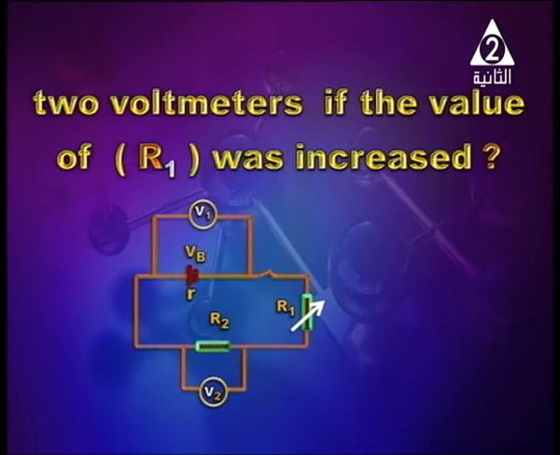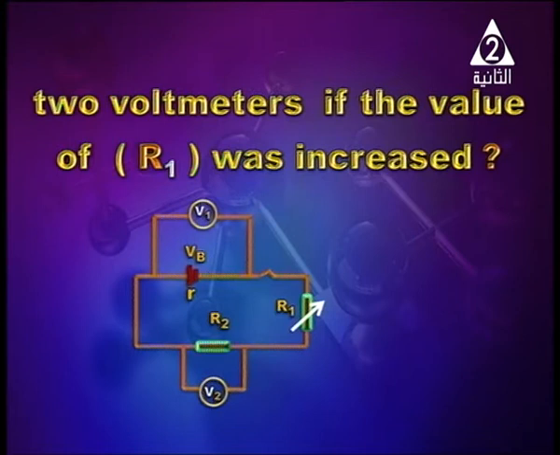Increase in R1 will increase the total resistance of the whole circuit, so the current passing through the battery will decrease. Internal voltage equals IR small, and R small is constant, so it depends on the current and decreases. When internal voltage decreases, external voltage increases.